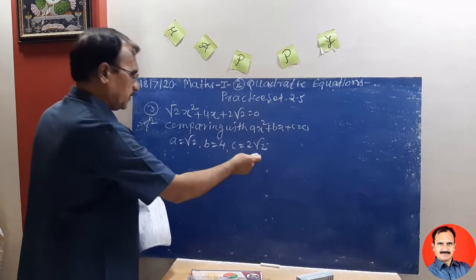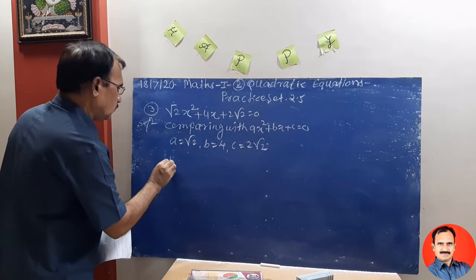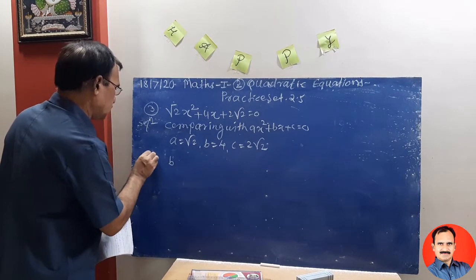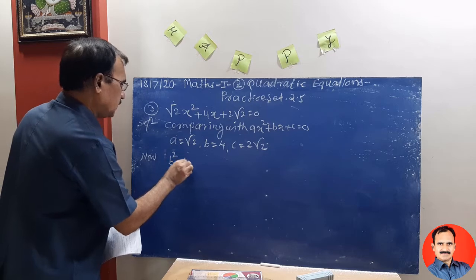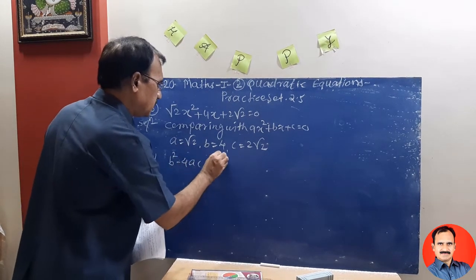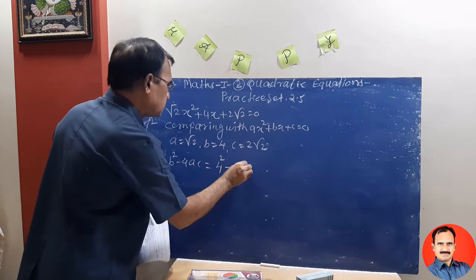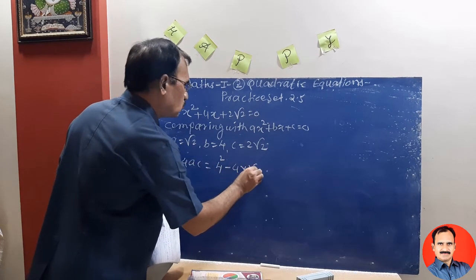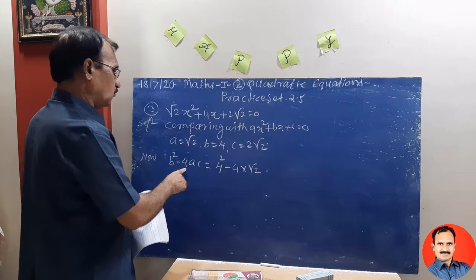If we know the values of a, b, c, then the discriminant b square minus 4ac is equal to 4 square minus 4 into root 2 into 2 root 2.